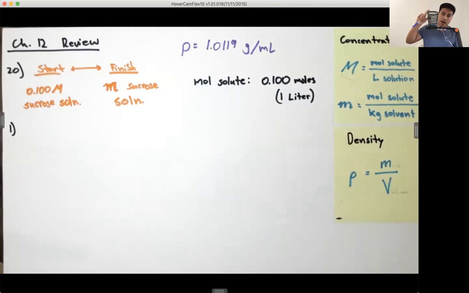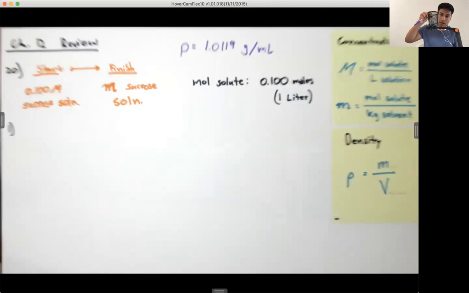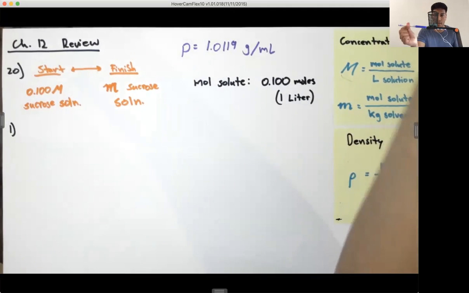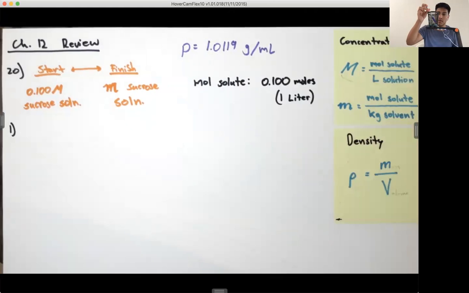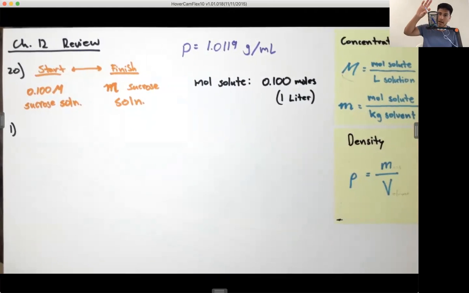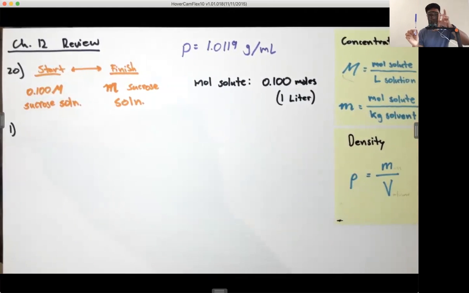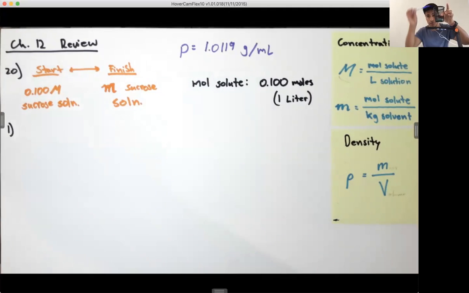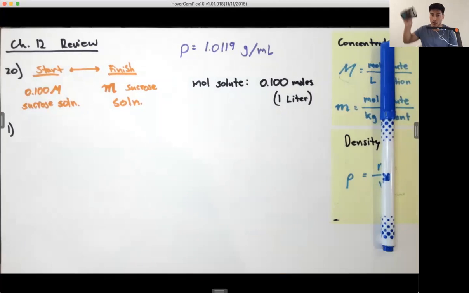How am I going to find the mass of the solvent? I would need to figure out the mass of the solute. Because if I know the mass of the solution and the mass of the solute, all I need to do is take the mass of the solution, subtract the mass of the solute, and then I know the mass of the solvent, or just this part.